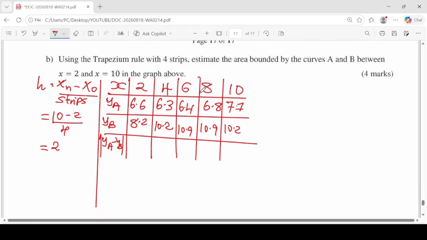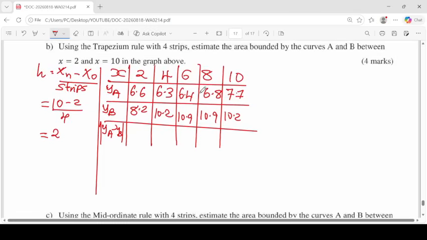So we are now going to get the absolute values. We take 6.6 minus 8.2, you take the absolute value as 1.6. We have 6.3 minus 10.2, you get 3.9 absolute.